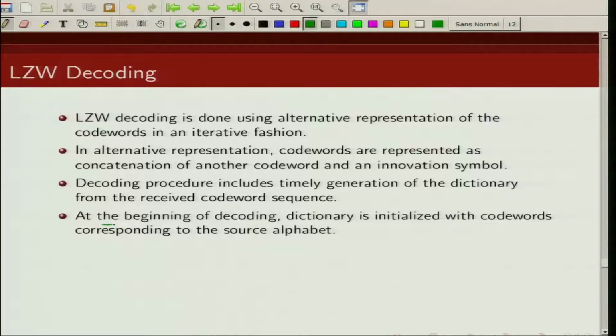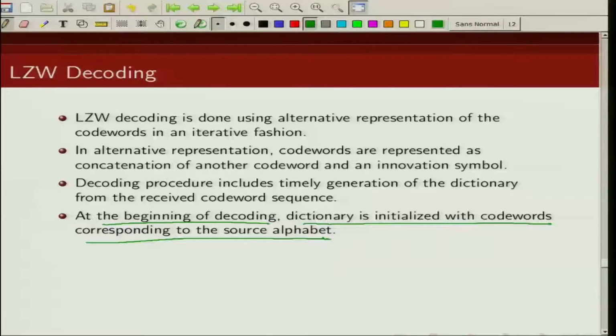At the beginning of decoding, we initialize the dictionary using code words of length 1. In the previous example, we were considering a binary sequence, so we will initialize the dictionary at the decoder with 0 and 1.